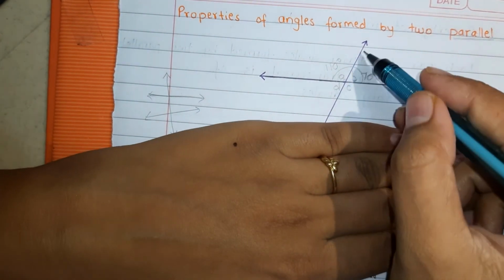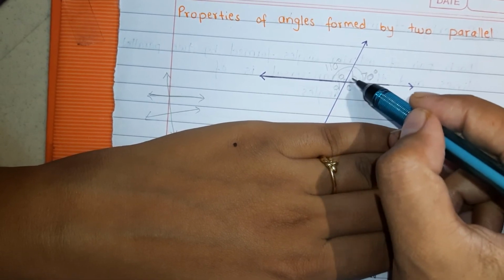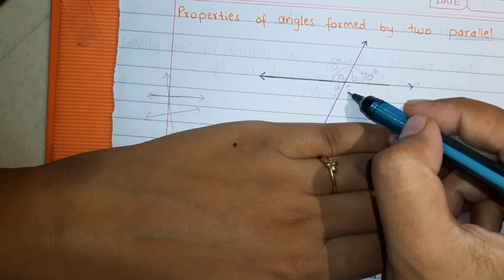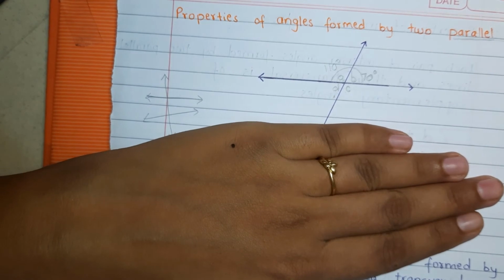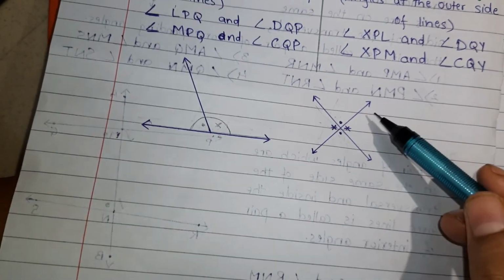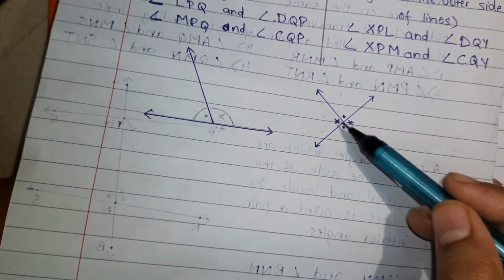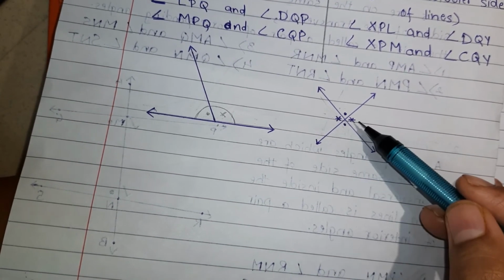When two lines intersect each other, these angles are called vertically opposite angles, and vertically opposite angles are congruent. See here, they form X shape when two lines intersect, and these two angles are vertically opposite, these two angles are vertically opposite.